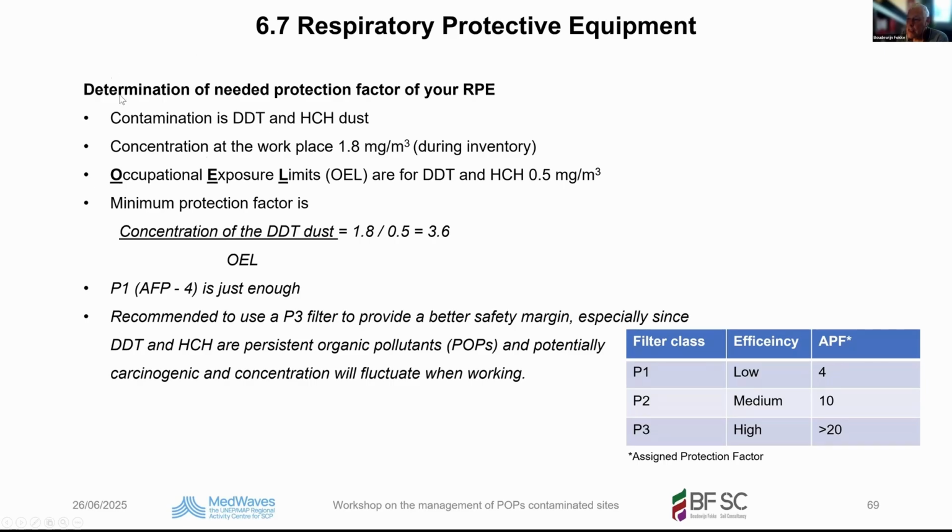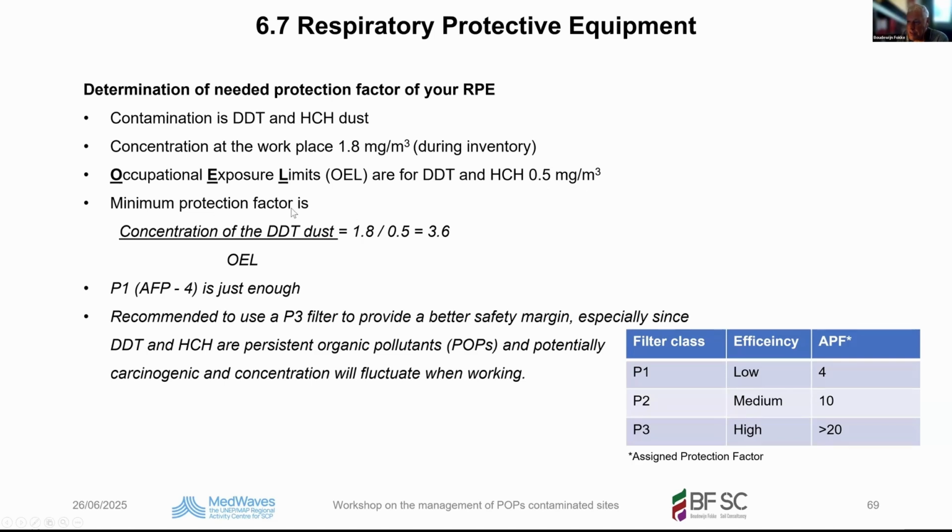Okay, we come to the next slide: determination of the needed protection factor for the respiratory protective equipment. Contamination is DDT and lindane dust. The concentration at the workplace is 1.8 milligram per cubic meter during inventory. The occupational exposure limits for DDT and HCH are 0.5 milligram per cubic meter.